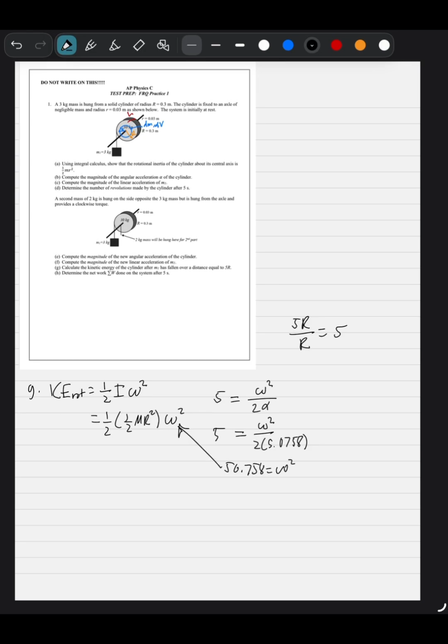Put that in, and we'll plug in the mass and the radius too. Our answer would be 34.261 joules.